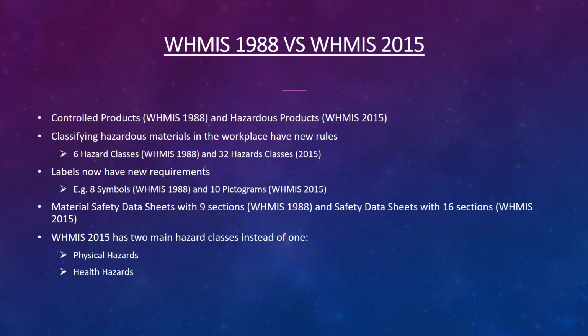Example, 8 symbols in WHMIS 1988 and 10 pictograms in WHMIS 2015. Material safety data sheets with 9 sections in WHMIS 1988 and safety data sheets with 16 sections in WHMIS 2015. WHMIS 2015 has 2 main hazard classes instead of 1. These classes are physical hazards and health hazards.